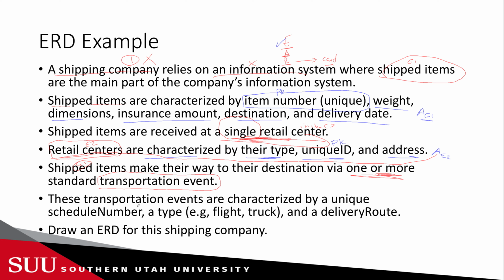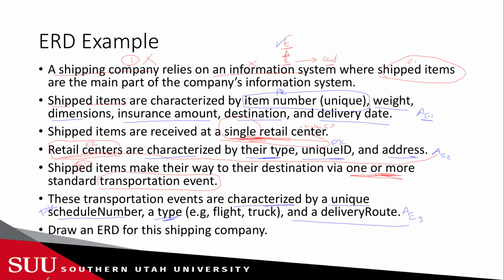This doesn't tell me any attributes. These transportation events are characterized by a unique schedule number. So this is going to be my primary key, which is the schedule number, type, and a delivery route, which is the third attribute of entity 3.